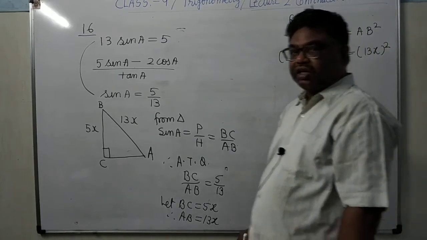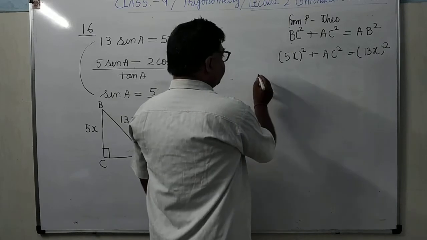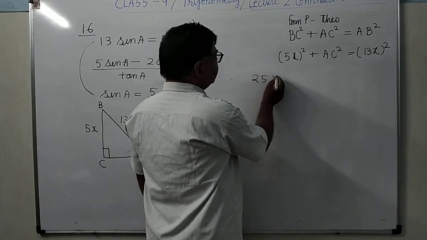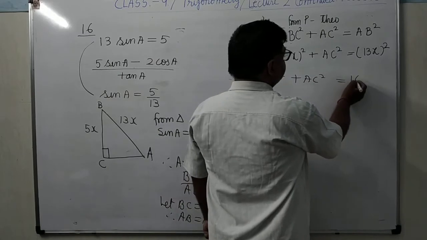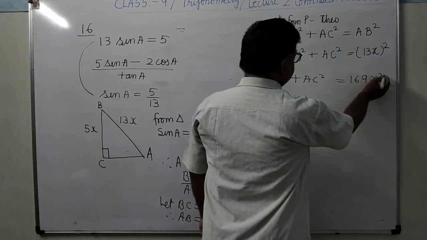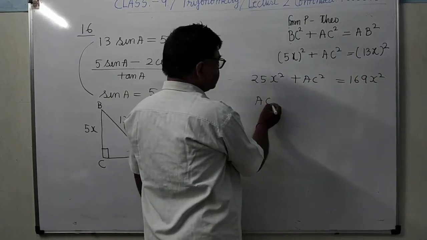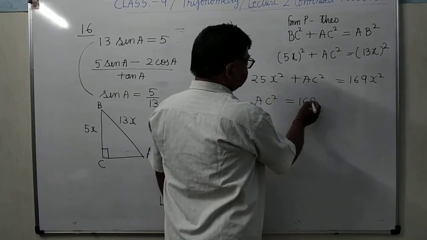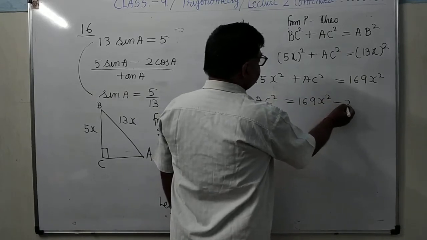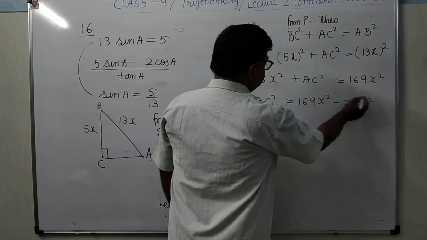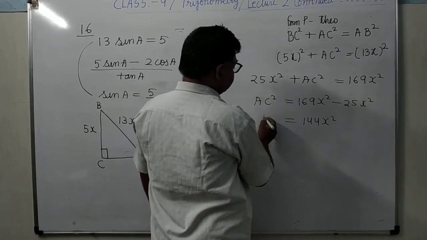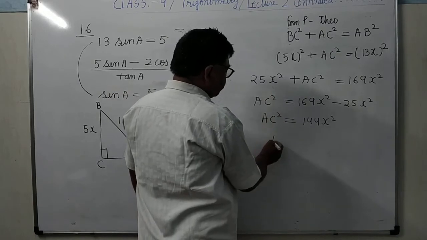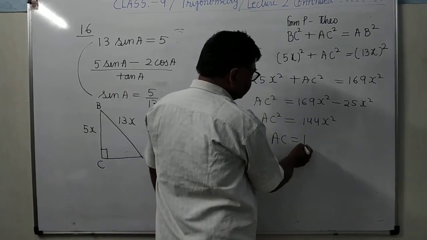When you further simplify, it will become 25x square plus AC square equals 169x square. So 169x square minus 25x square is 144x square. So what is AC?